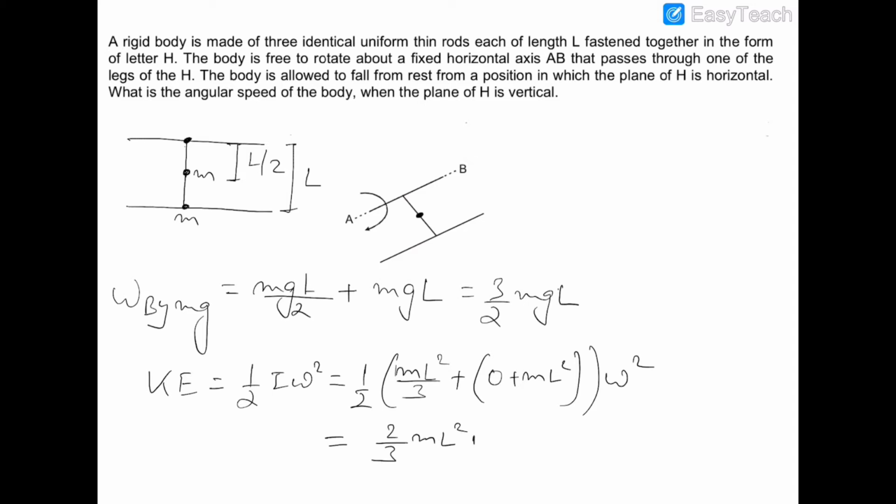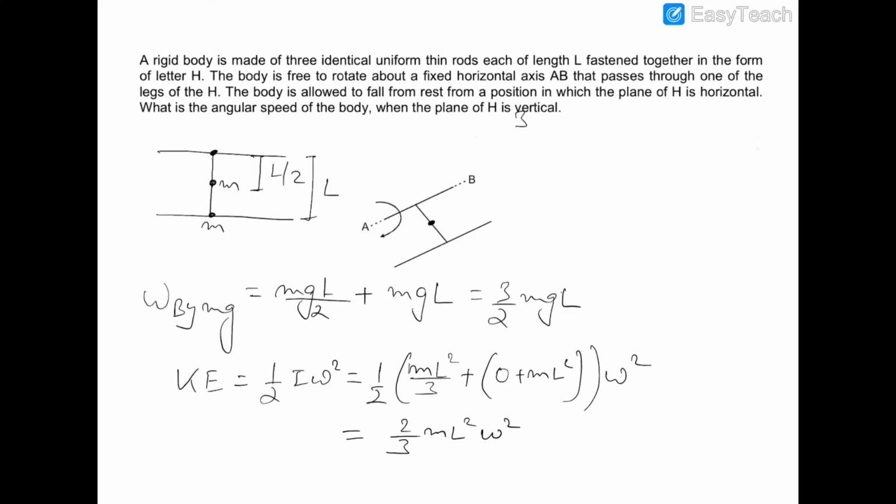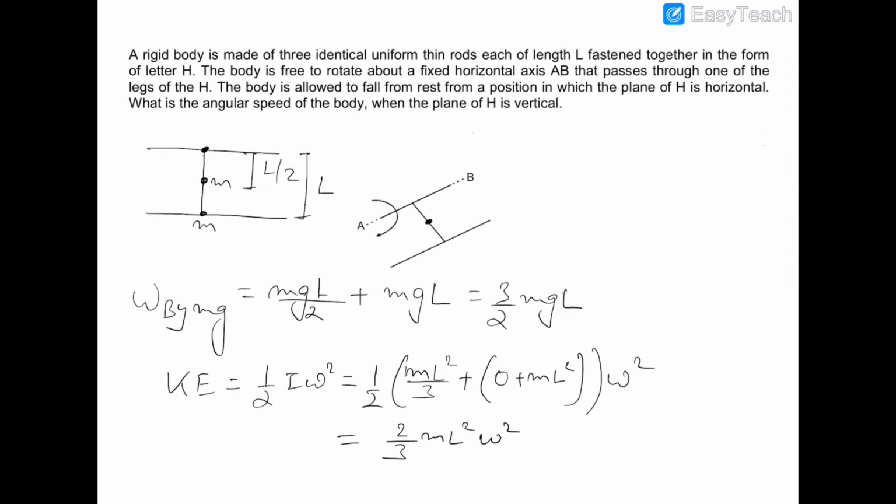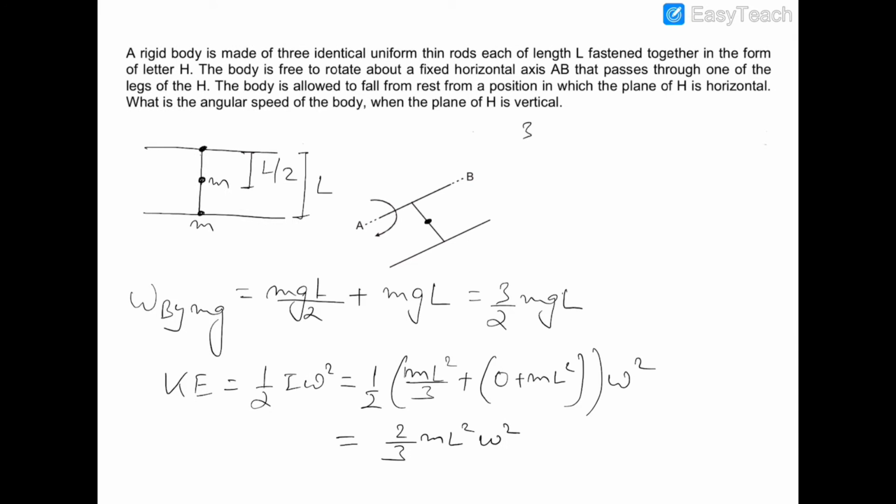mL square omega square. So this kinetic energy is equal to work done by mg, because the work done by the gravity is being utilized completely in the form of kinetic energy of the system. So this is 3 by 2 mgL is equal to 2 by 3 mL square omega square.